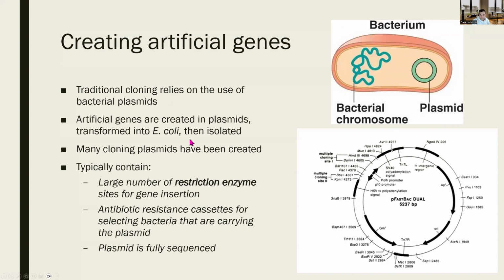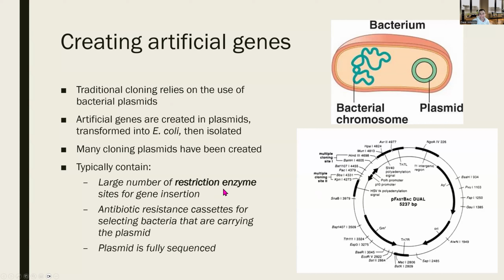So cloning plasmids have been around for a very long time. And over the last several decades, giant libraries of these bacterial plasmids have been created. They all have a lot of things in common. So, for example, most of them are going to have a large number of restriction enzyme cutting sites. So restriction enzymes are these enzymes that are produced by a species of bacteria.